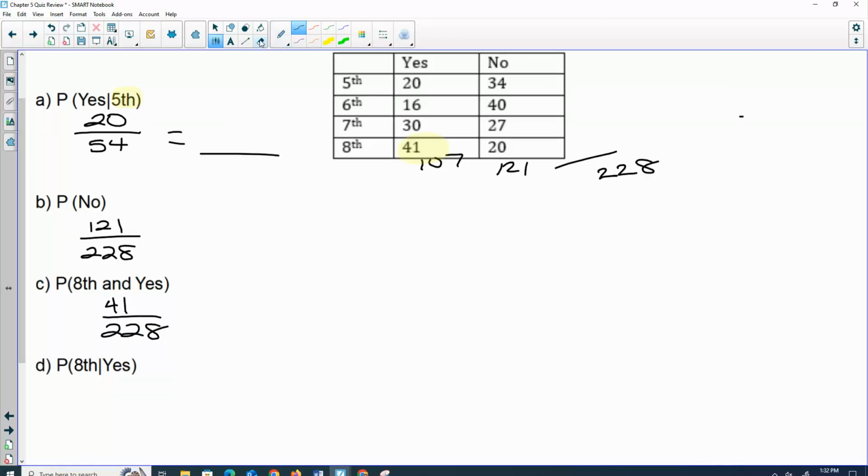Eighth given yes. So that changed it. Now I know their answer was yes. We already know that. So I am only looking at the yeses. How many yeses are there? Out of those, how many were eighth? And you would divide it and get your answer. Is that okay?